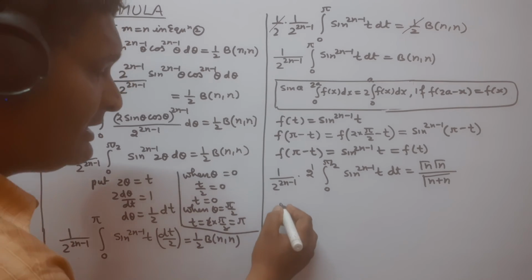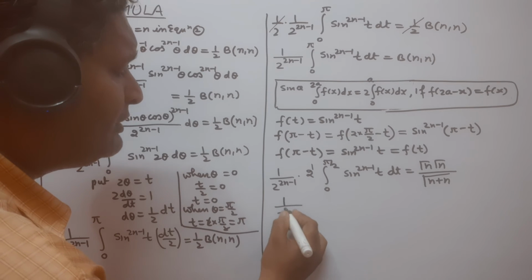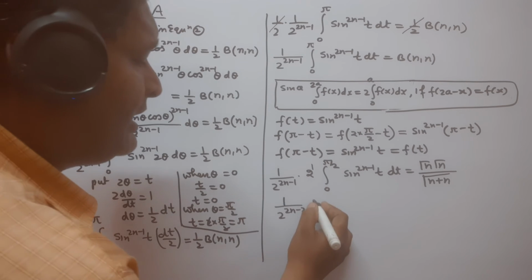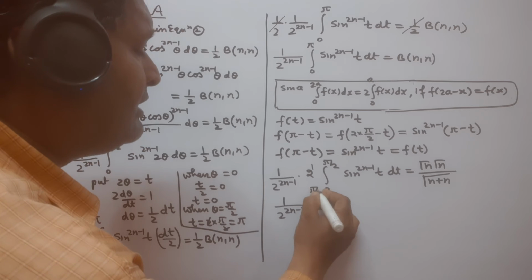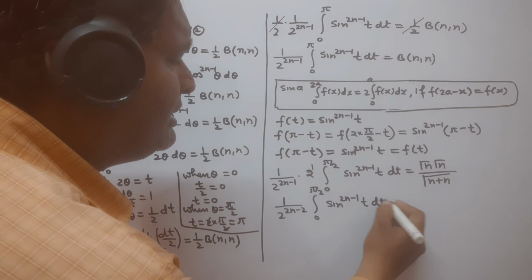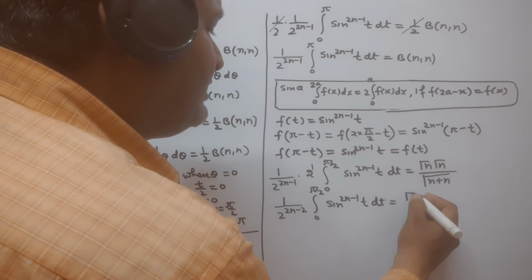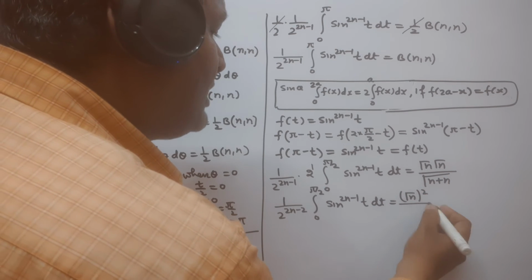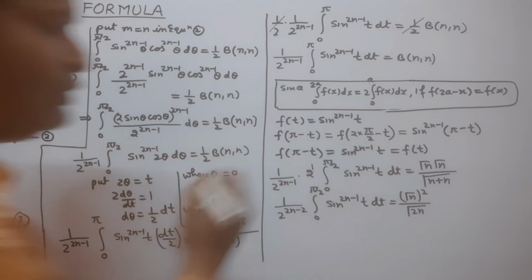So here we can write power of 2, that is 2n minus 2, and here this is integral 0 to pi by 2 sine to the power 2n minus 1 t dt, and on the right hand side we can see here this is gamma n square divided by gamma 2n.